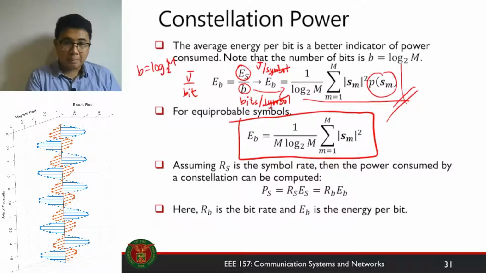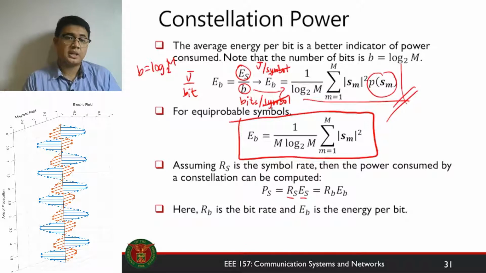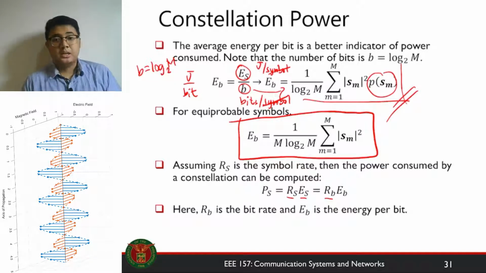Now to compute the power, assuming we have some symbol rate R sub s, that's the number of symbols we transmit per second, the power consumed by a constellation is quite simply the symbol rate multiplied by the energy per symbol. Or if you're given the bit rate and the energy per bit, you just multiply the energy per bit with the bit rate.